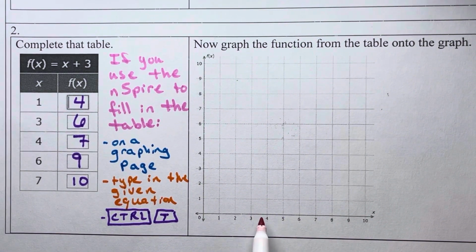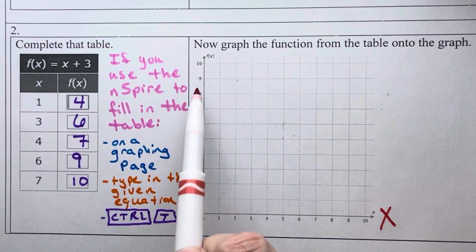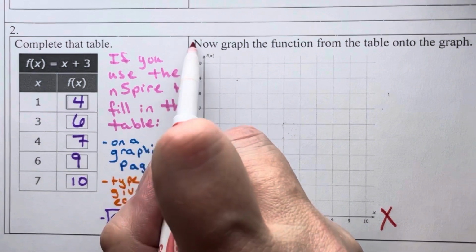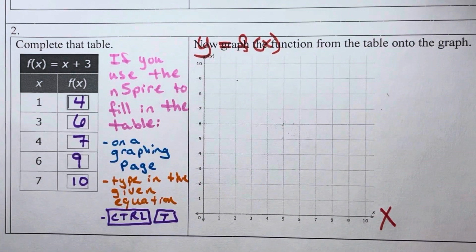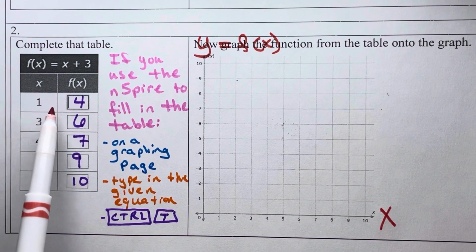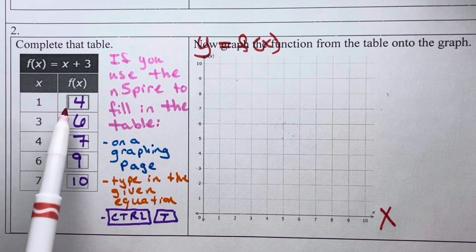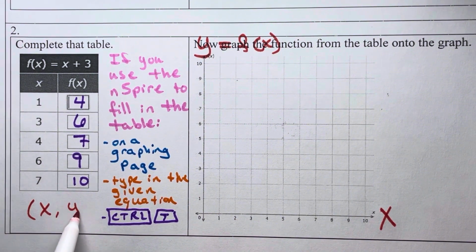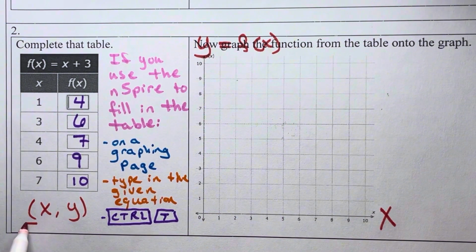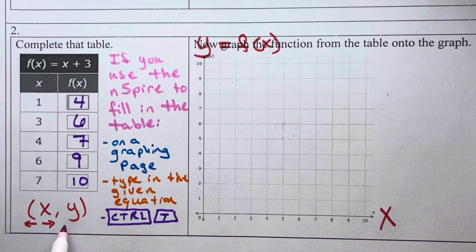We remember that the horizontal axis is the x-axis, while the vertical axis is our y-axis, also known as our f of x. Remembering each point comes from each row. Our points are x and then y, where x moves left or right and y moves down or up.